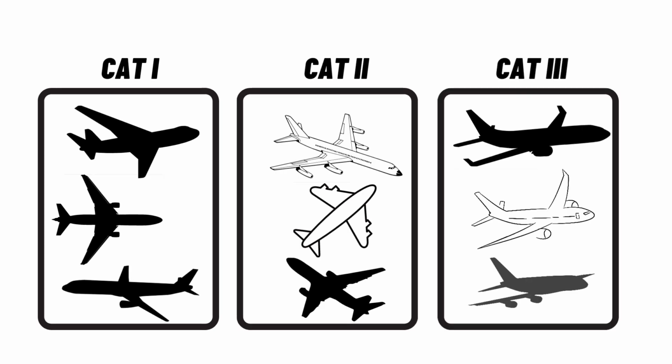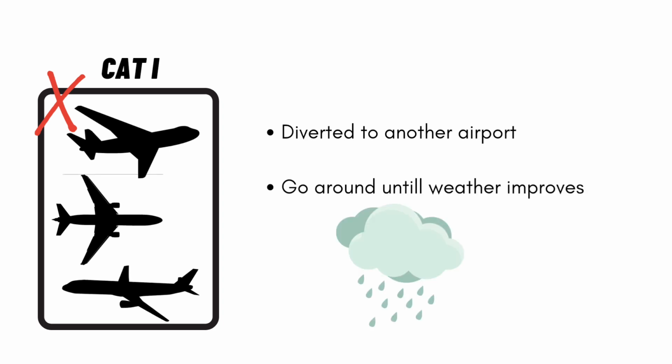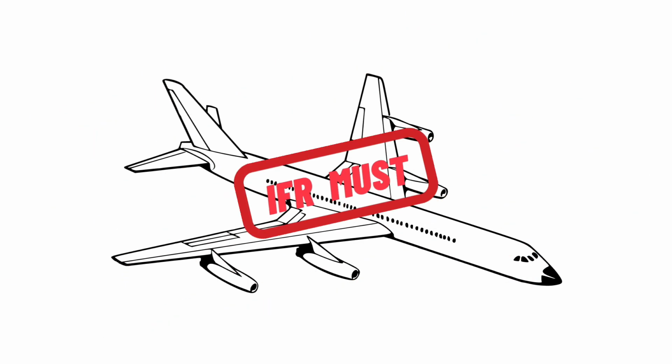And at each airport, the weather minimum is set differently depending upon the aircraft category. So some aircraft can take off and land at different airports while others cannot. Therefore, pilots are diverted to alternate airports or told to go around until the weather improves. This is why pilots flying IFR should be able to handle various guidance systems and navigation equipment and understand the charts of the instrument flight.